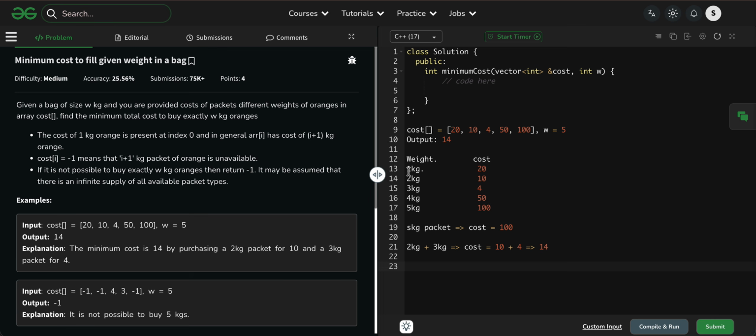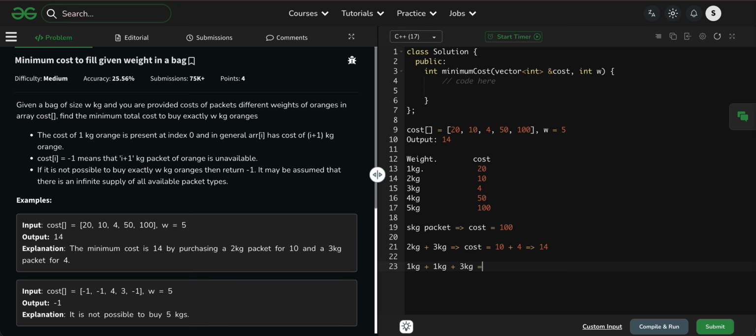Yes, we can do 1 kg and 1 kg and 3 kg. Let's check: 1 kg plus 1 kg plus 3 kg.